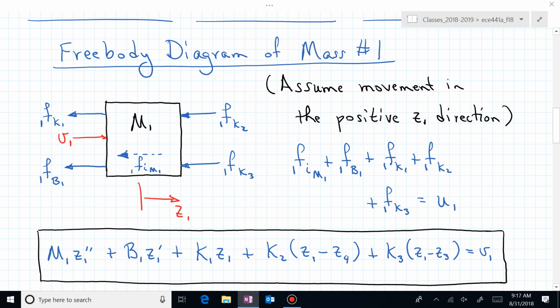is there a force that sort of resists that push or movement? Yeah, which way is it directed? Opposite to the way you're trying to direct it, correct? So that's why F sub I sub m sub 1 is going to the left when z sub 1 is going to the right. That's the inertial force.